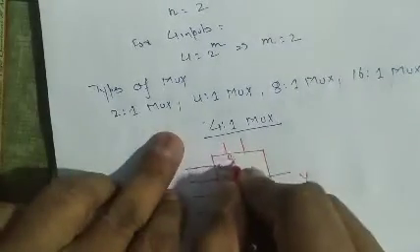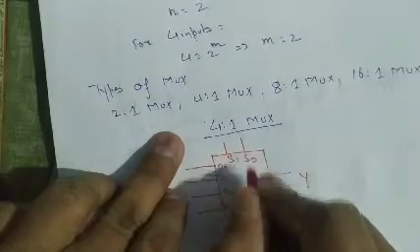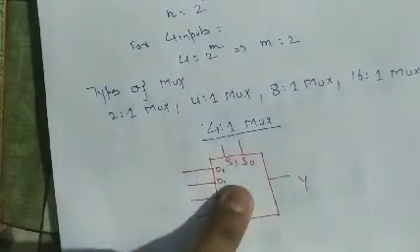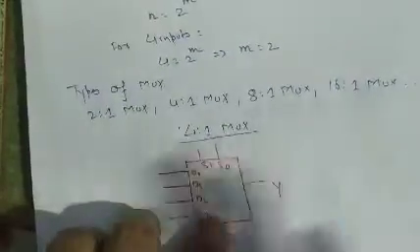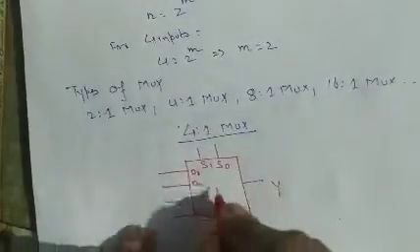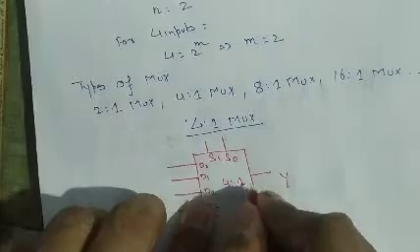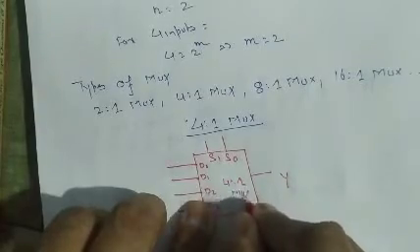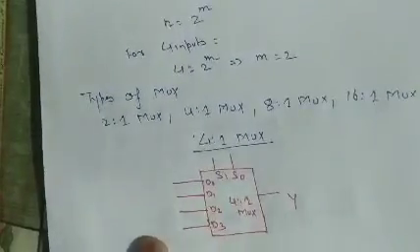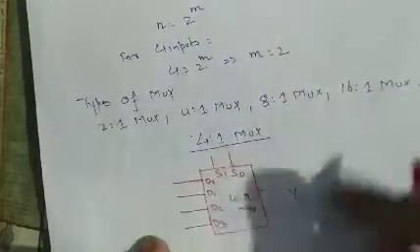Select lines S1 and S0. S1 and S0 are 2 select lines, 4 inputs and 1 output. This is the block diagram of 4:1 mux.